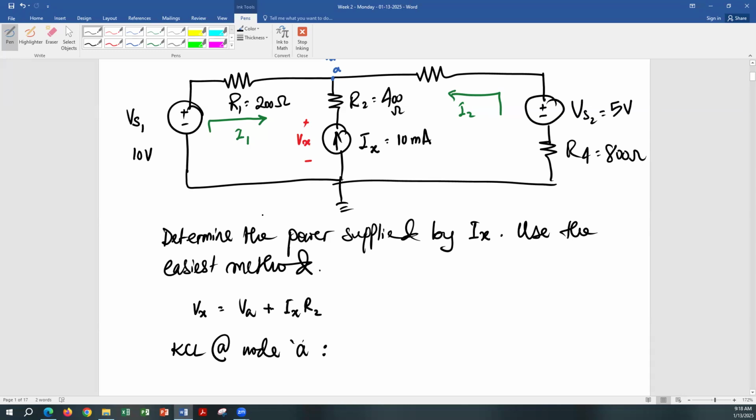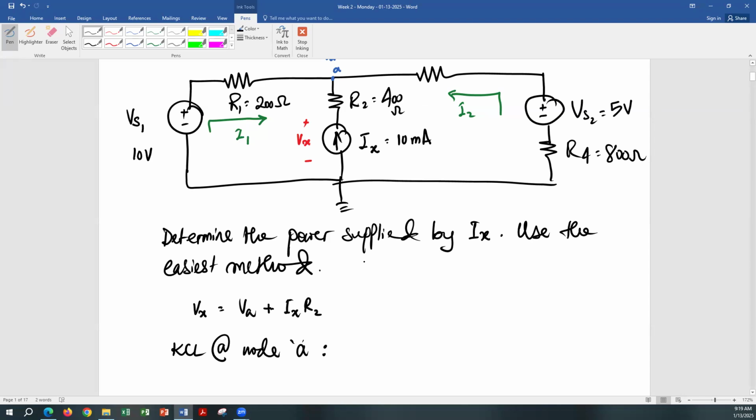Now, remember, these currents I1 and I2 are totally arbitrary. You can choose any direction, but whichever direction you choose, make sure you write the KCL equation according to that direction. In this case, I chose I1 and I2 to be going towards node A, and Ix is already going towards node A, that's given. So all three currents are going towards node A. If you choose I1 and I2 to be going away from node A, then you will write I1 plus I2 going away is equal to Ix.